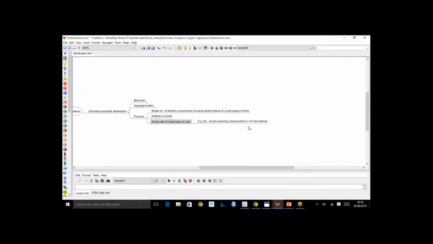Say you have traffic lights, right? And then you're going to monitor how many cars are going to pass that point in a 10 minutes interval or 20 minutes or 1 hour. In this way, you can regulate your traffic in a much better way, right? In developed countries, you have this concept.